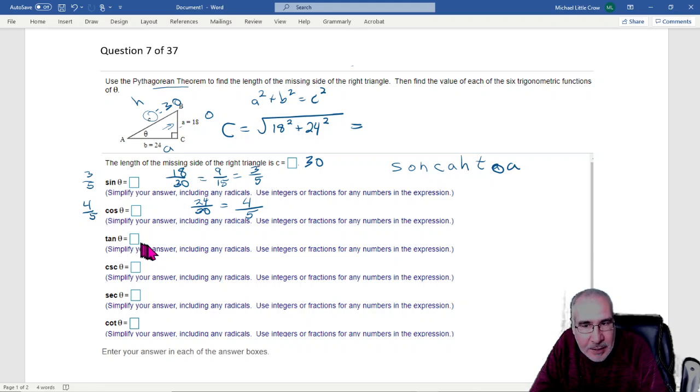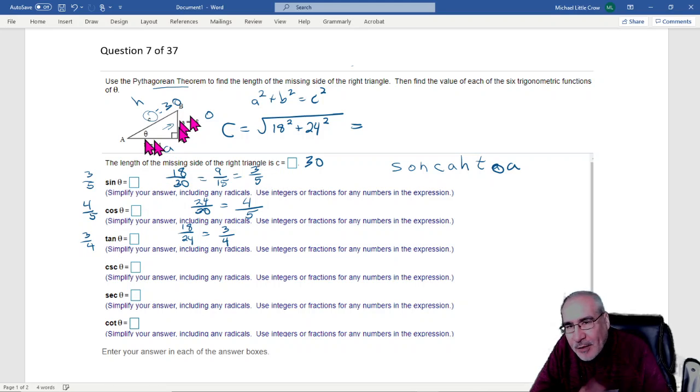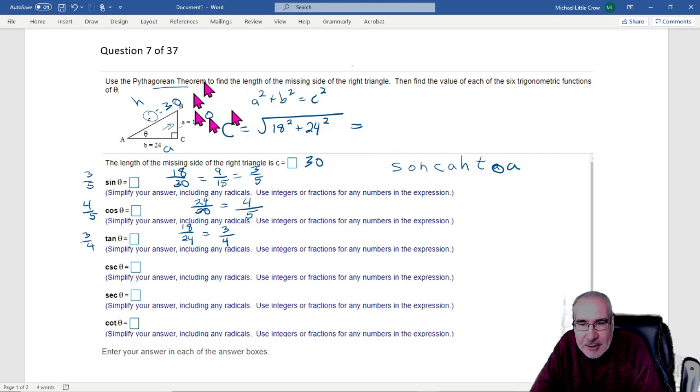Now tangent, you could do the opposite over adjacent, so 18 over 24. And again, 6 goes into both of these. 6 goes into 18 3 times. 6 goes into 24 4 times, so 3/4. It also basically works out like a 3 4 5 triangle.